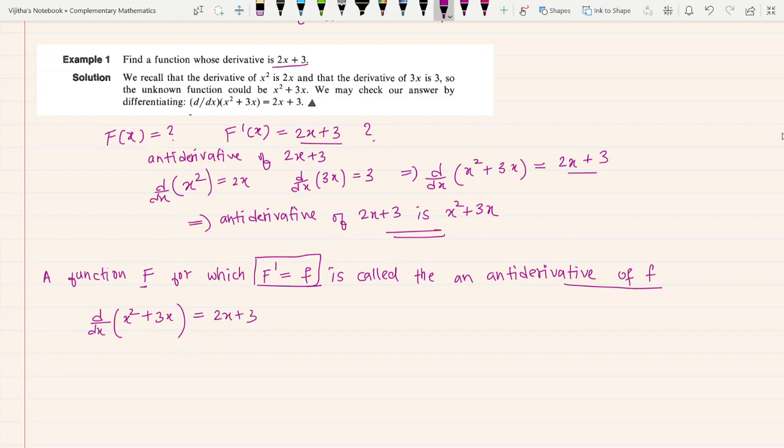So we concluded that x square plus 3x is an antiderivative of 2x plus 3.